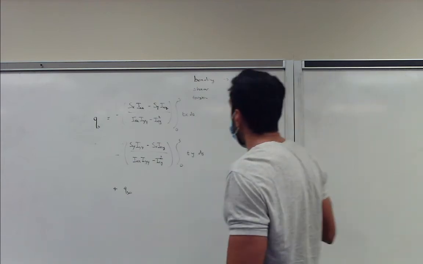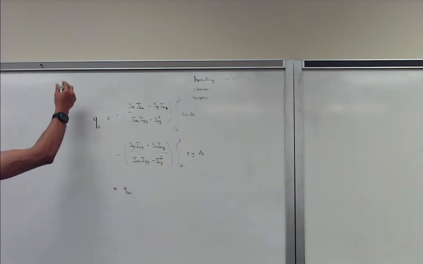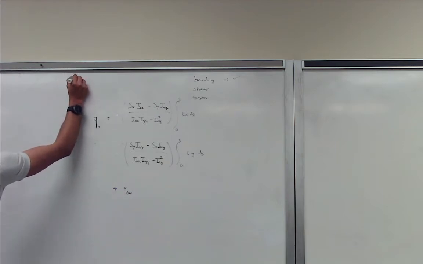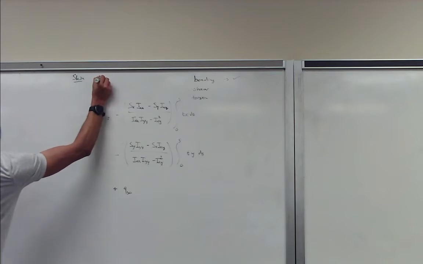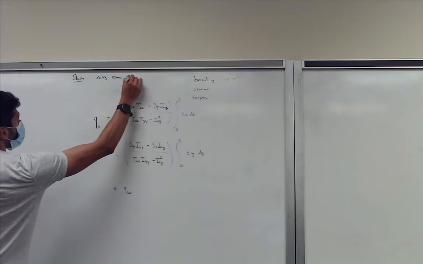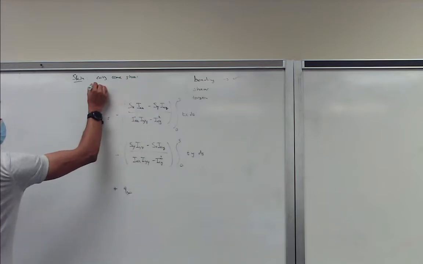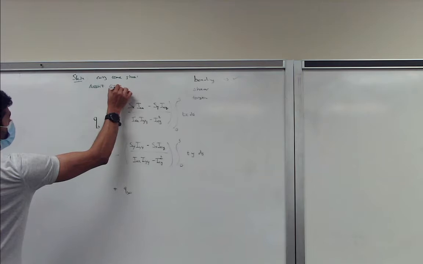And then we made an important assumption in the beginning of the slide. We said, okay, we have two options for the skin. It can either carry some shear loads, or it doesn't carry any shear.